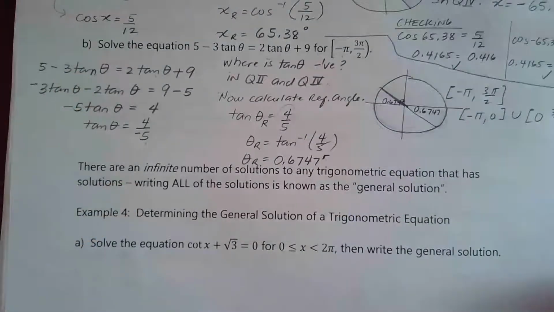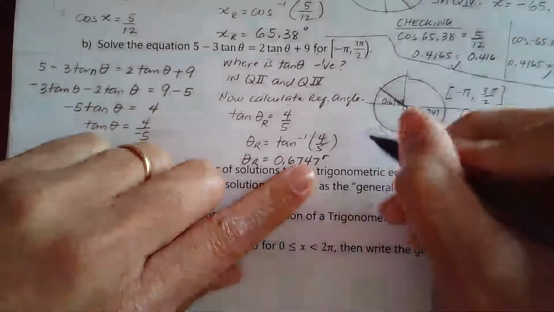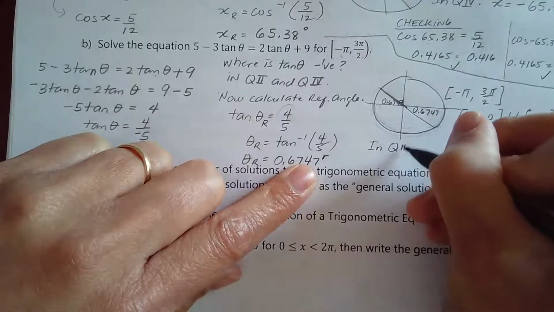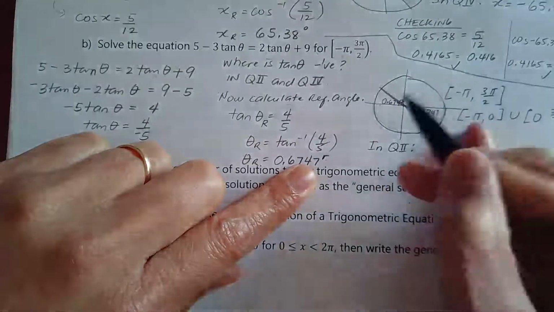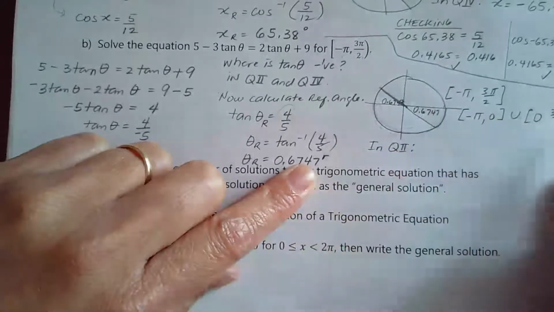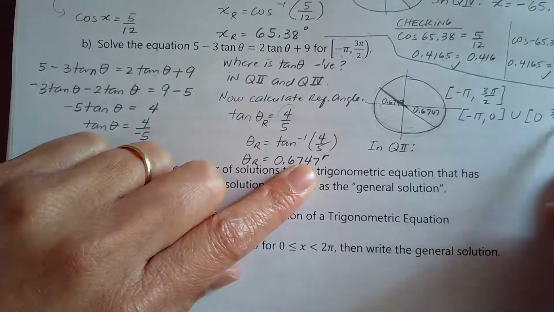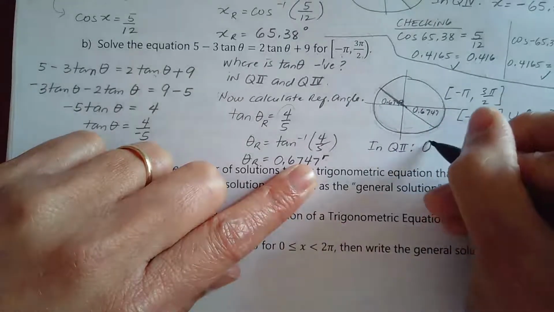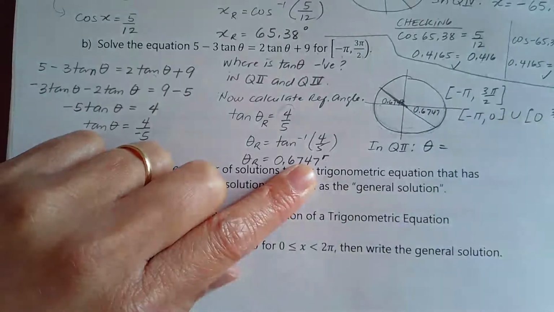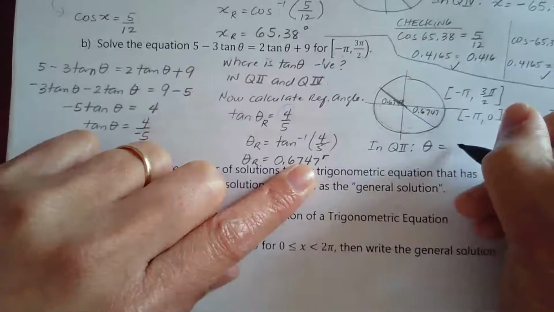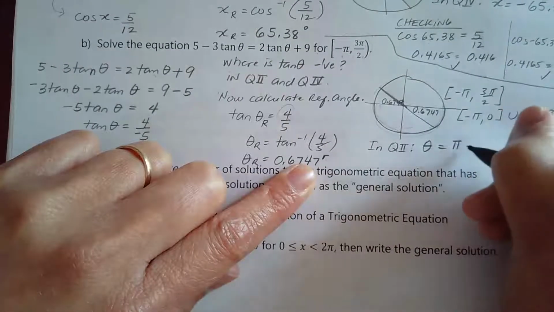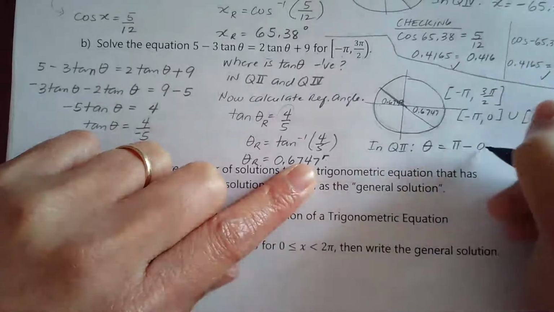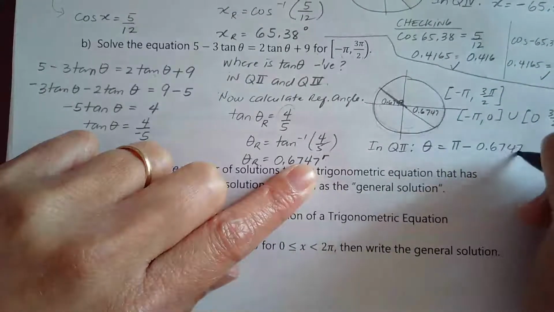So what's the solution? In quadrant 2, it's going to be in the interval 0 to 3 pi by 2. That's going to give me theta equals 180, which is pi, minus 0.6747.